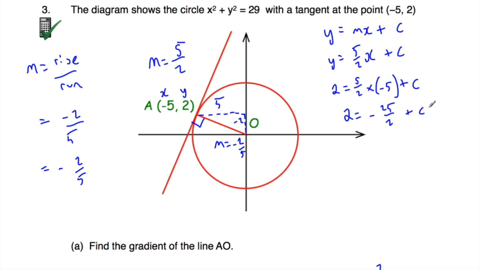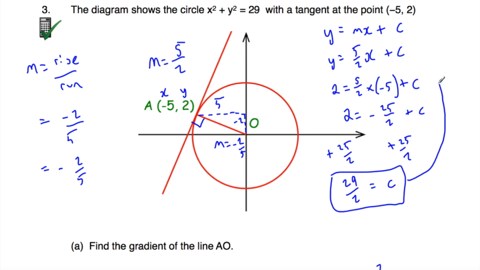Then we want to get the c on its own, so we're going to add 25 over 2 to both sides. If we add 25 over 2 to the left-hand side, we would get 29 over 2, and I've just used my calculator to do that. Alternatively, you could say 2 plus 12.5 is 14.5, and that's equal to c. So c is equal to 29 over 2, and we can substitute that in, which gives us the equation of the tangent.